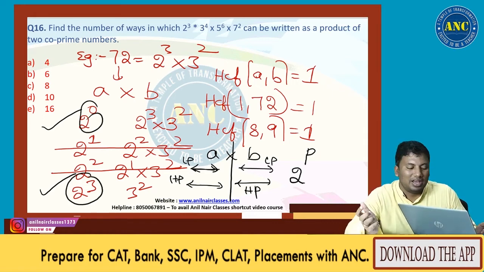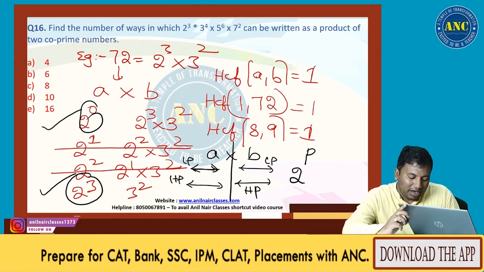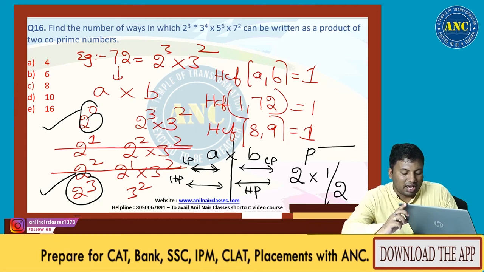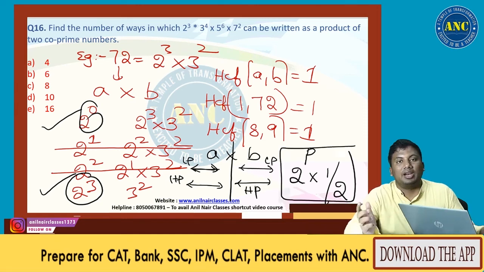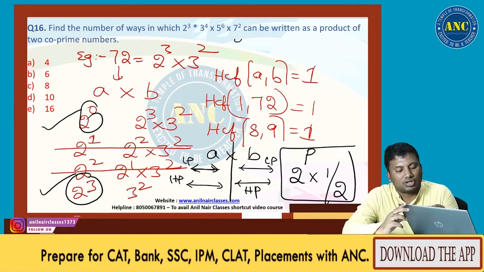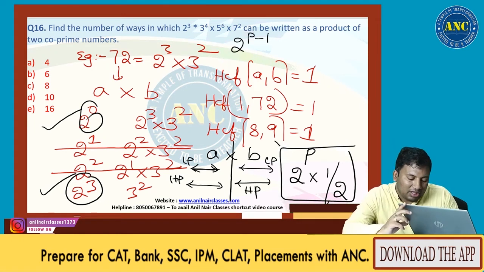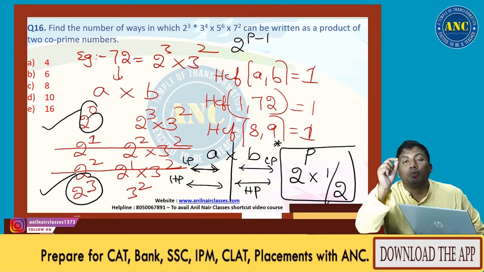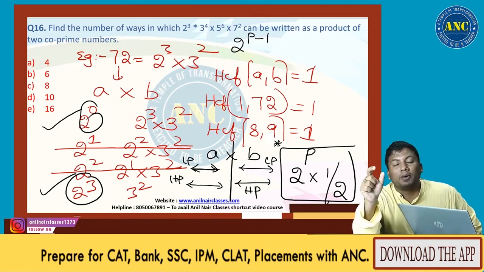Are you all with me? Either lowest or highest. But in an unordered pair, half of them are reversed, so half of the cases will be eliminated. So the answer for this question is 2 power p minus 1. Again, I am explaining why this 2 power p came.